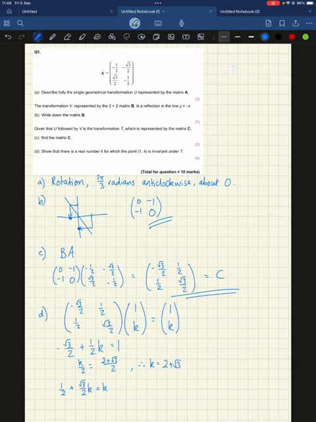Now we'll subtract root 3 over 2k from both sides, so we get a half is equal to 2 minus root 3 over 2k, and now we'll just divide everything by 2 minus root 3 over 2, so we get a half divided by 2 minus root 3 over 2 is equal to 2 plus root 3, yep, so k is equal to 2 plus root 3, that's the same value of k, therefore there is a real number for k for which this is true.